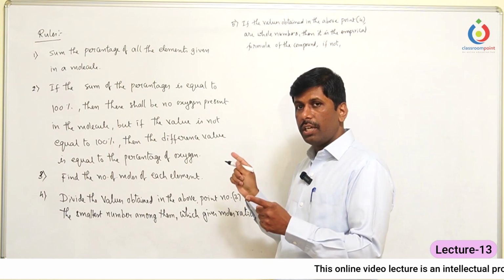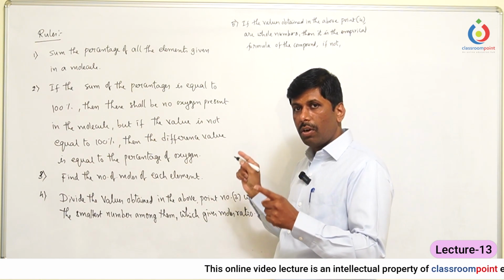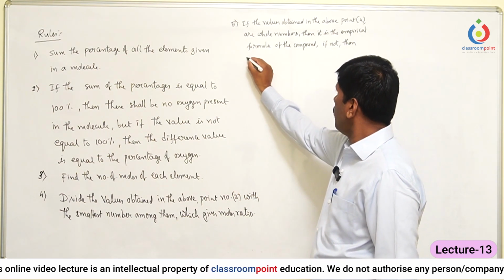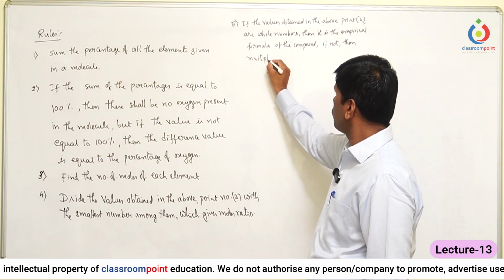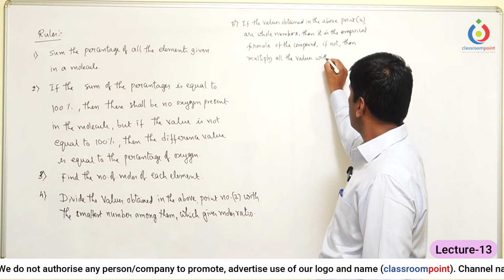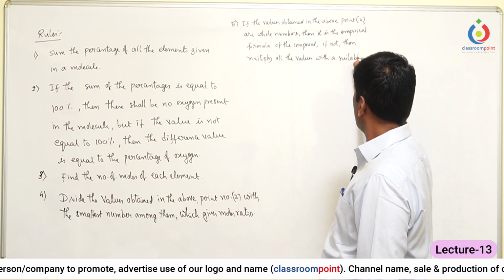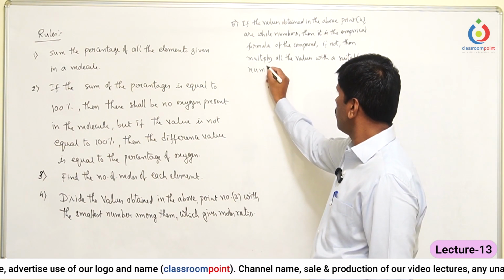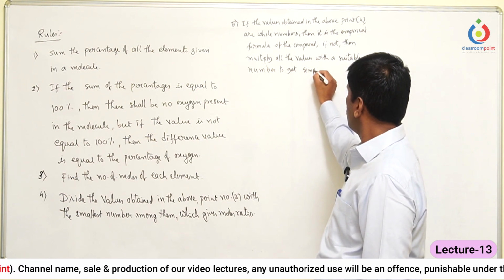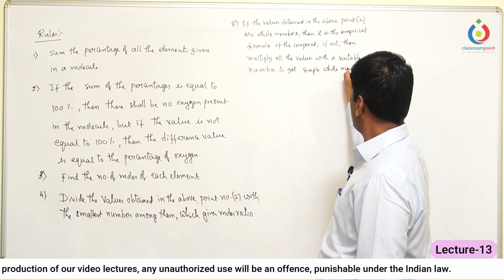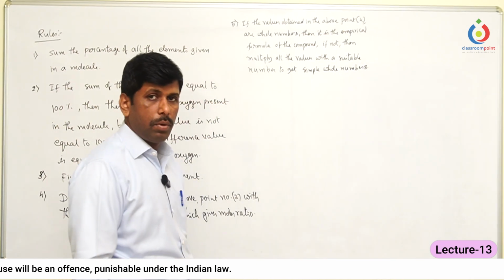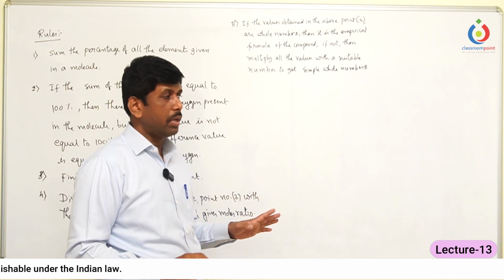In order to convert everything into whole number values, we have to multiply all the values with a suitable number to get simple whole numbers. That gives the empirical formula of the compound, and we have to continue till whole number ratios are formed.